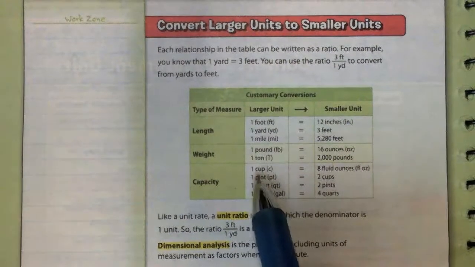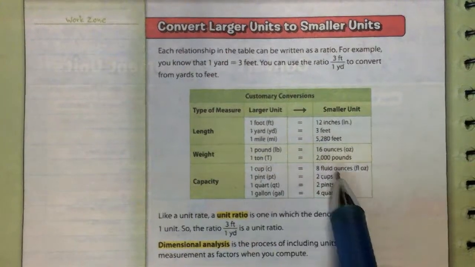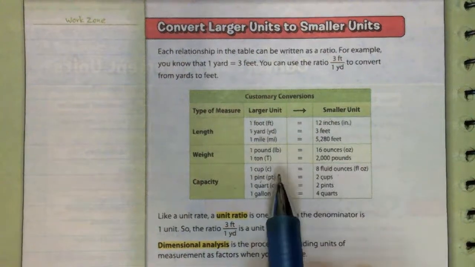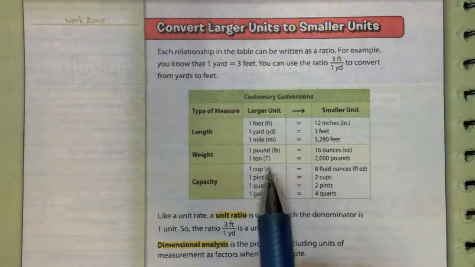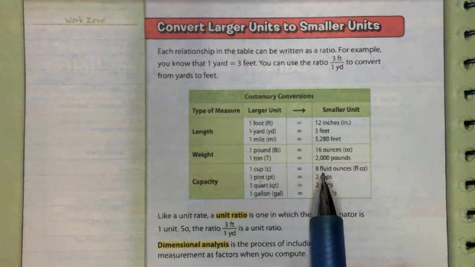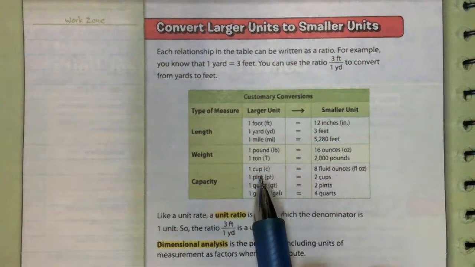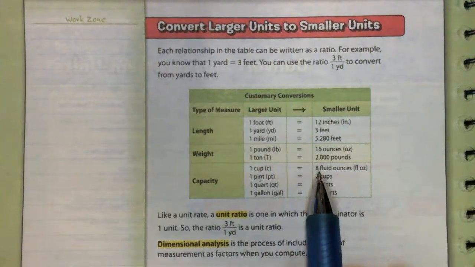Okay, so here we go. Here we have cup. Here we have fluid ounces. If you look at the top, it says we're going from a larger unit to a smaller unit. 1 cup is the same as 8 fluid ounces. So it makes sense that when you go from cups to ounces, your number is going to get bigger.